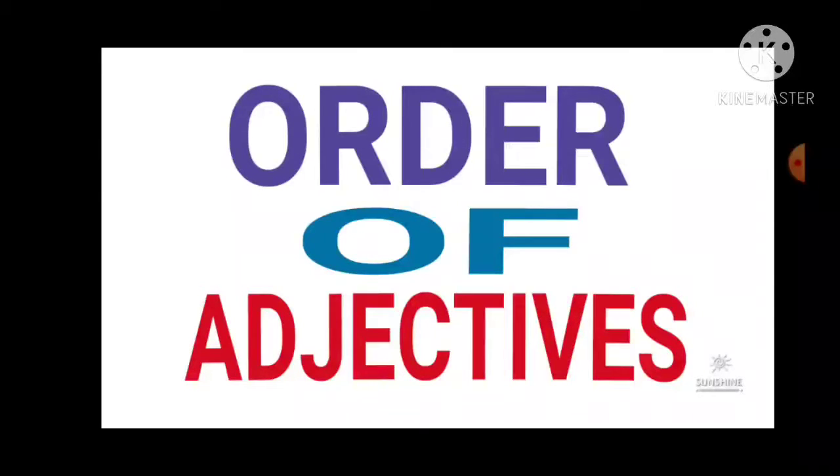But if more than one, that means 2 or 3 adjectives are given, then we must follow a certain order in the use of the adjectives. Otherwise, we will not be able to convey the appropriate meaning. Let us discuss the order of adjectives through this video.